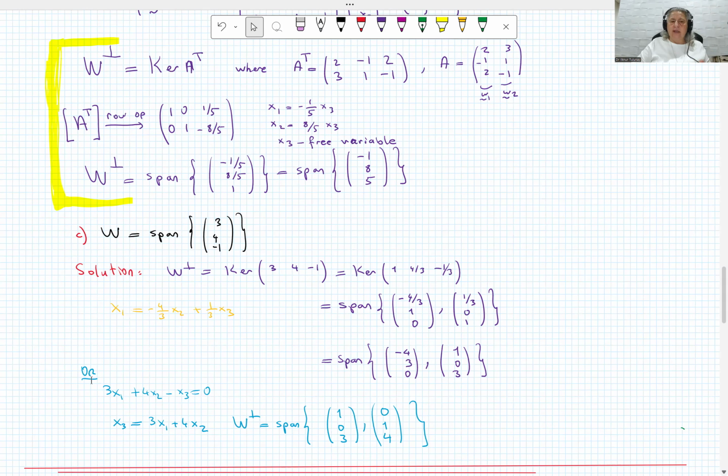So you can directly write the plane equation with the normal (3, 4, -1). Then, for example, x3 equals 3x1 plus 4x2, where x1 and x2 are the free variables, and you will obtain two vectors.